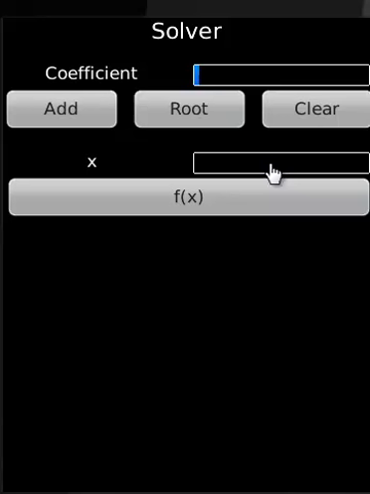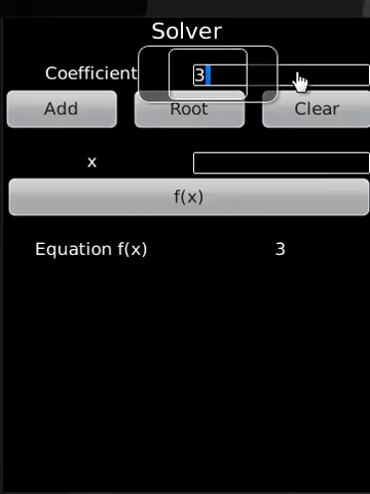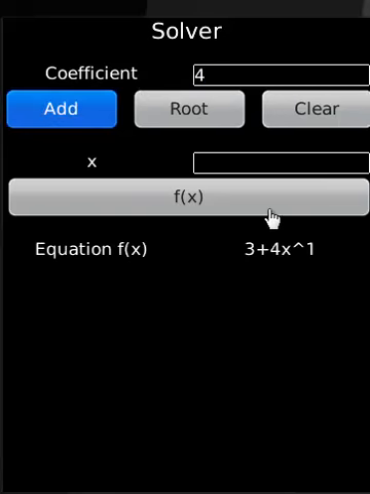Now let's move on to the solver. What it does is it solves polynomials, and if x value is supplied, it calculates the y value, so that you know not every single polynomial is solvable, but if the polynomial is solvable, then this will produce the root for it. Okay, we added that.